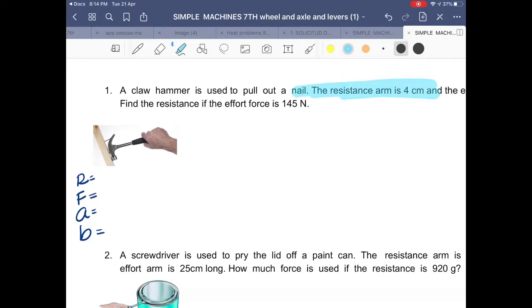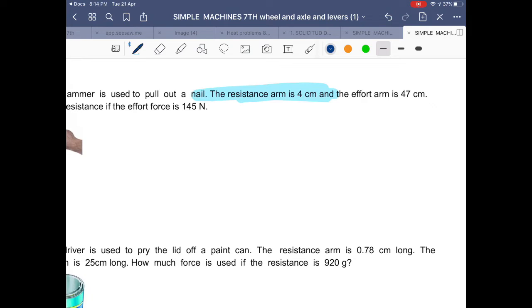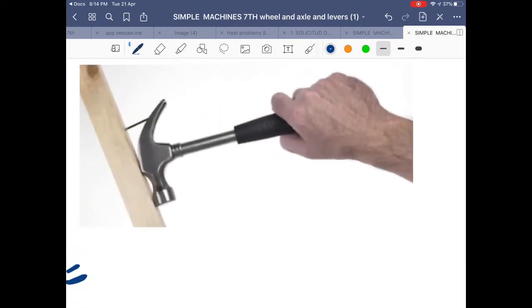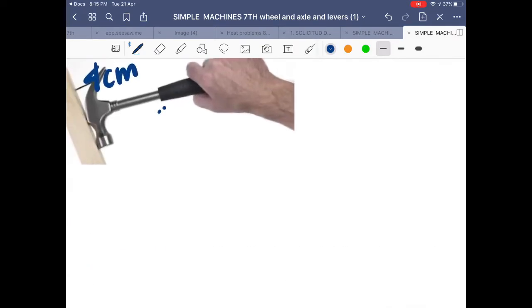Okay, so we have a resistance arm of 4 centimeters. So if you see it, you have 4 centimeters and 47 centimeters right here. If you observe your image, where would you put the 4 centimeters? Well, right here. And the 47 centimeters right here.